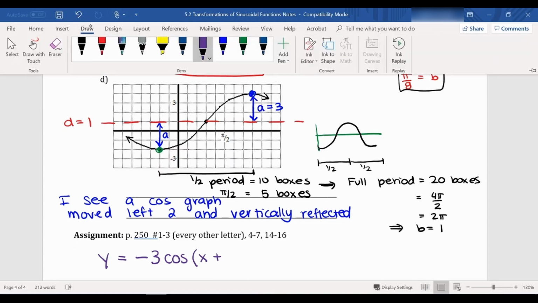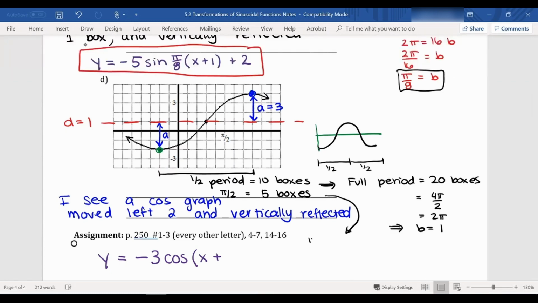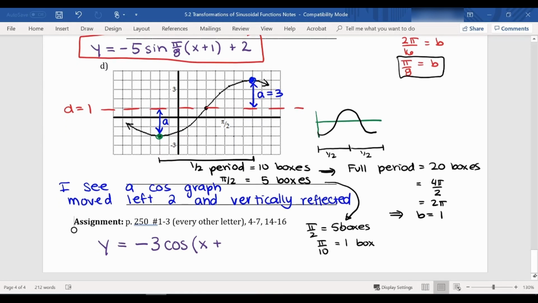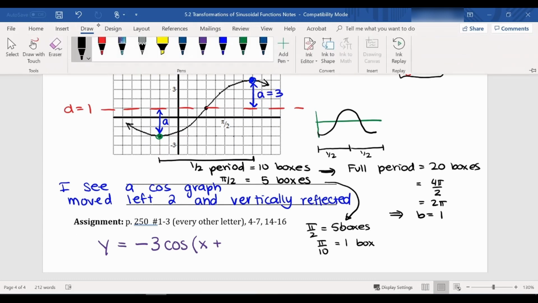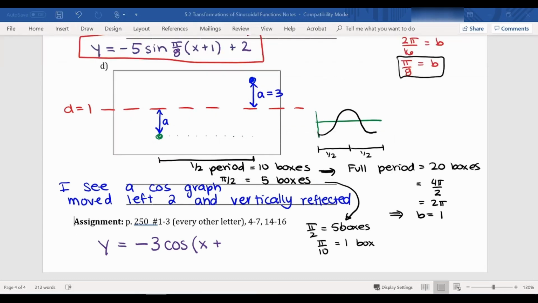But I do know that 5 boxes is pi over 2. And what that means is 1 box would be pi over 10. Okay, so if I'm moving left by 2, that's going to be 2 boxes.